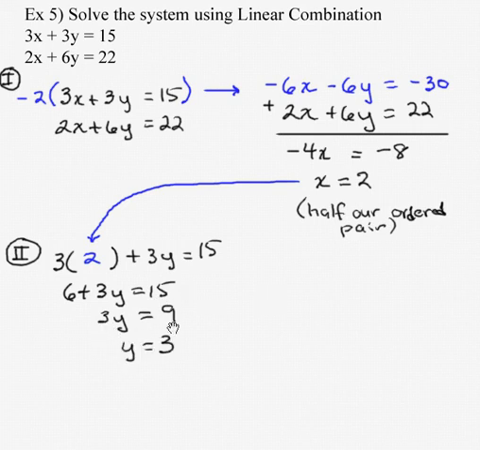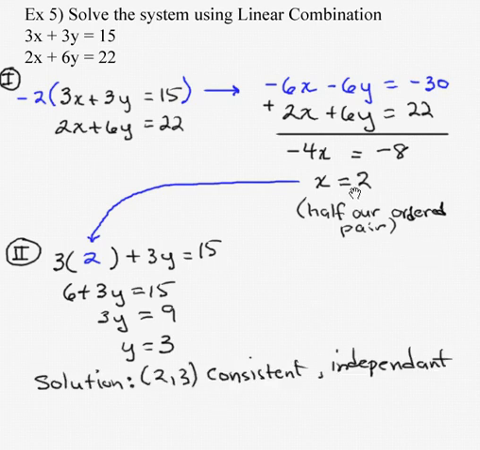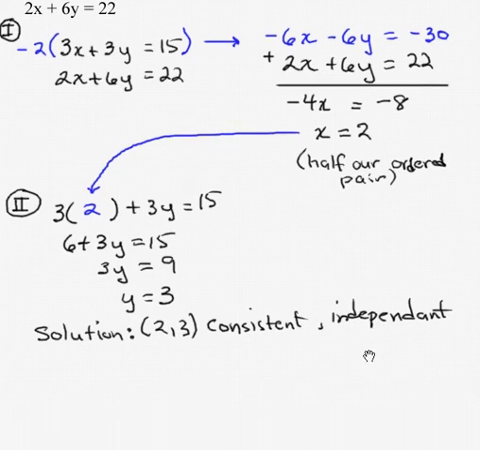Divide both sides of the equation by 3, and y is equal to 3. And since we have now our x value of 2 and our y value of 3, we know our solution is the ordered pair 2, 3. We have a solution, so it's consistent, and my solution is 1 point, so we can say it's independent.